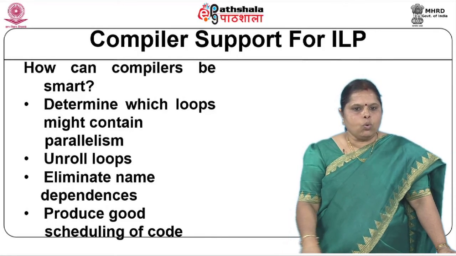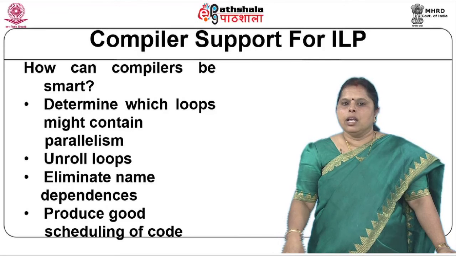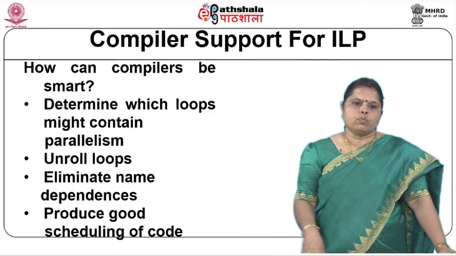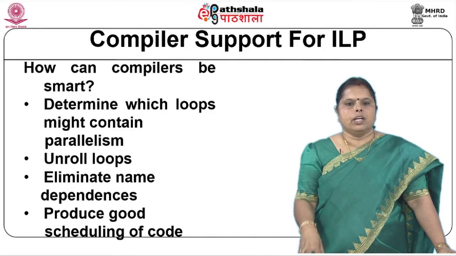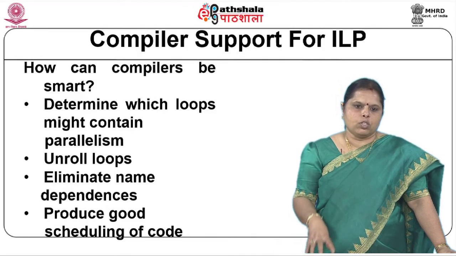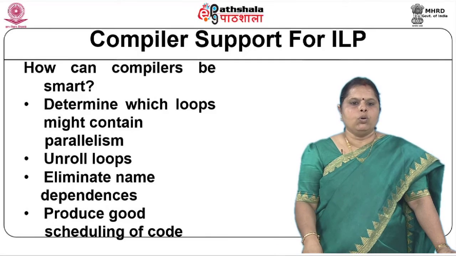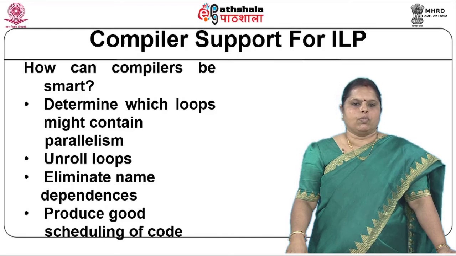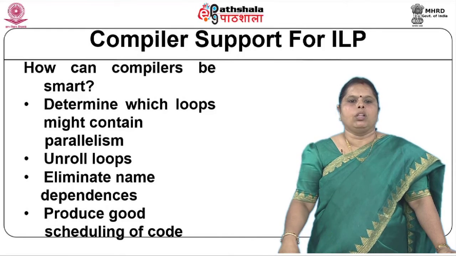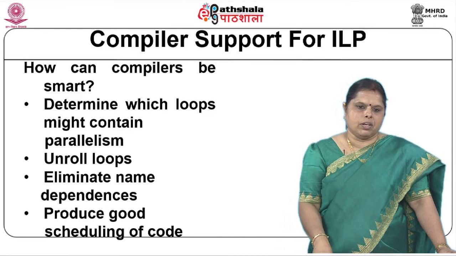So basically, how the compilers can be smart is to find out that loops might contain parallelism. So they don't have a loop carried dependence, independent iterations of the loops. So it is possible for them to be unrolled. While unrolling the loop, take care of all the precautions. Make sure that you remove all the name dependencies by using different registers.